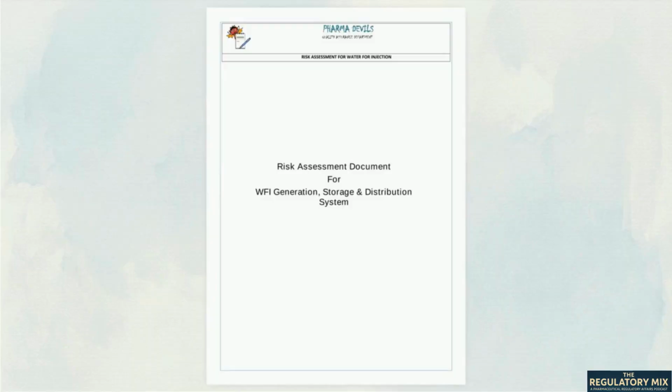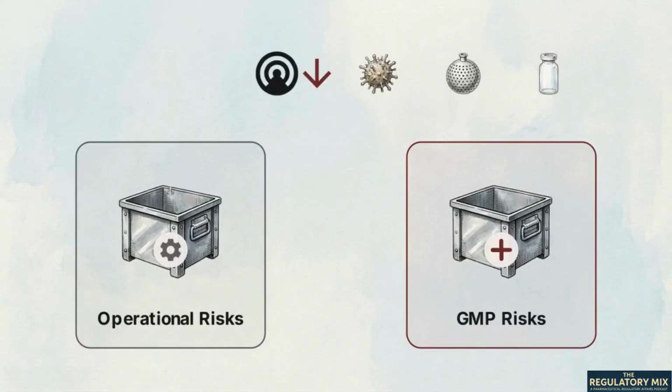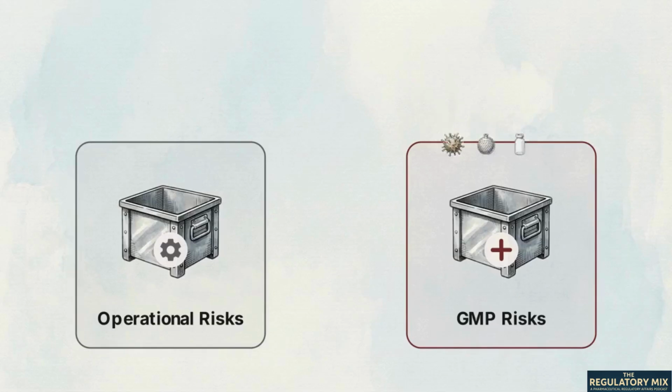This is the central document that dictates the physical build of the WFI system, the Quality Assurance Risk Assessment. The sole purpose of this assessment is to systematically identify every possible point of failure in the generation, storage, and distribution of the water. The process separates generic operational risks, like a pump running inefficiently, from good manufacturing practice, or GMP risks.